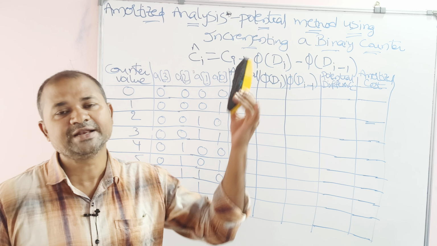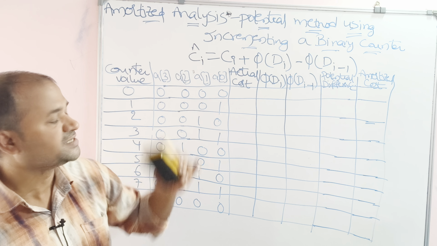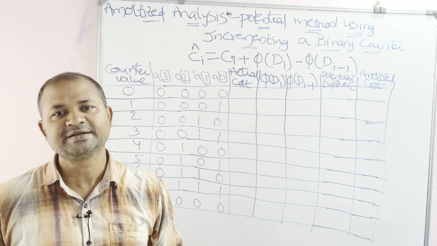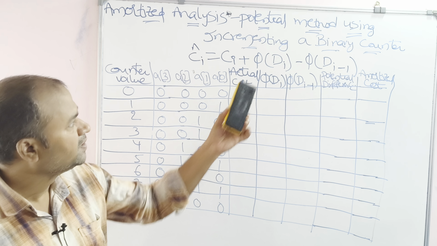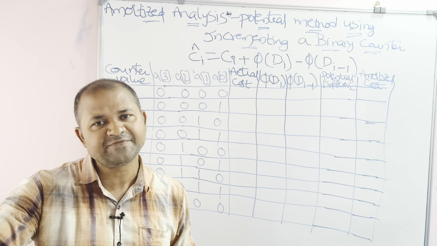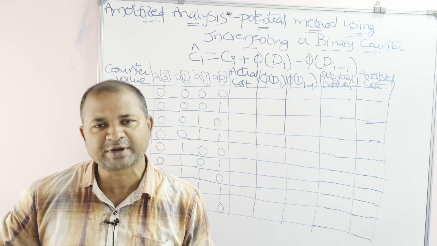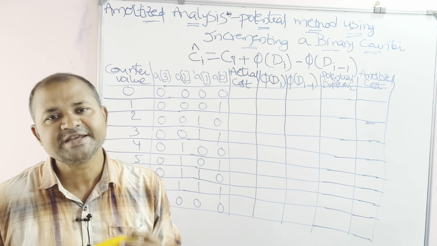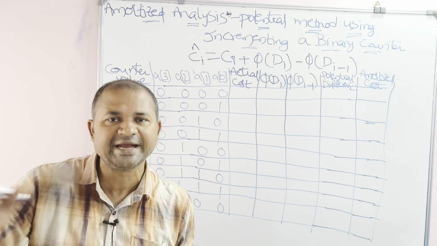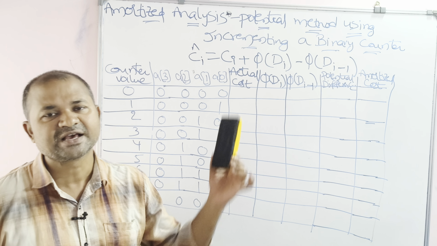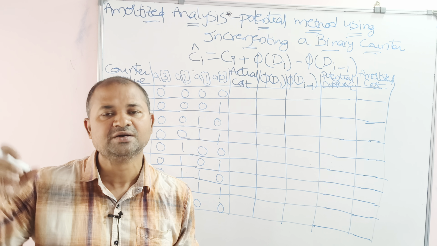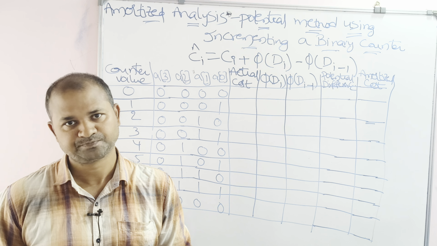In amortized analysis, we have three methods: the aggregate method, the accounting method and the potential method. The major difference between the accounting method and the potential method is that in the accounting method we use credit for storing some data, whereas in the potential method we use a potential function.